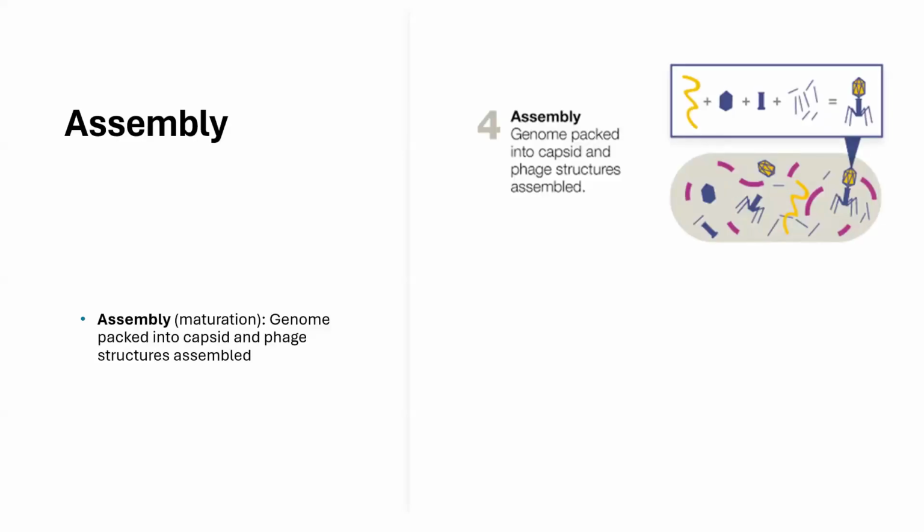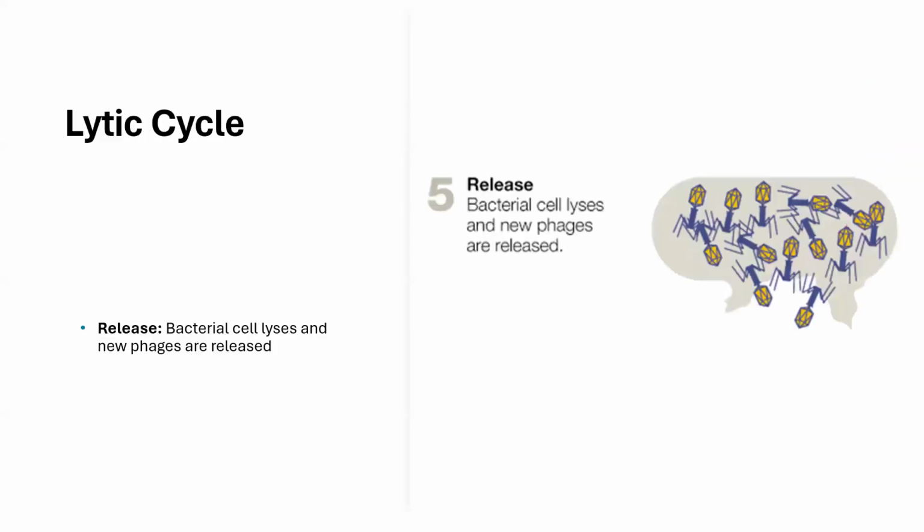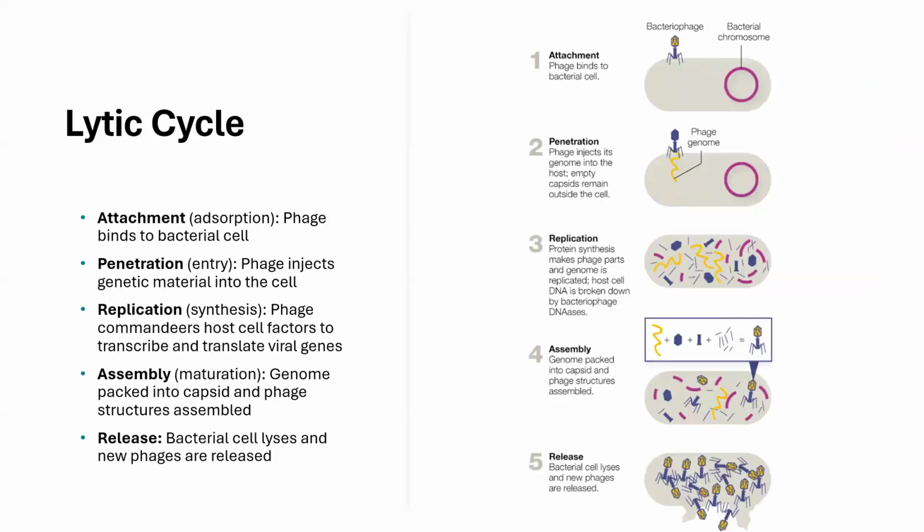Once everything is built, the genome will be packaged inside of the capsid and the remaining structures will be built. And then they are released back into the environment through a process of lysis. And those new phages will float around until they come into contact with another bacterial cell. And so here's a review of how that process works from attachment to release.